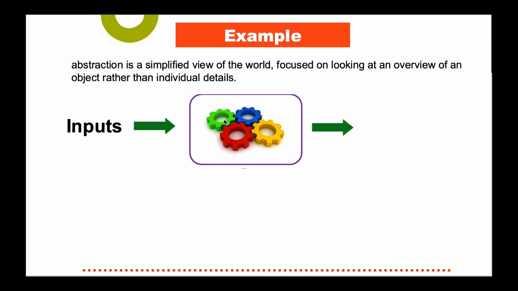After that you give it to the output. So in an abstraction, you need inputs to process, and when you process them, it gives you the output.